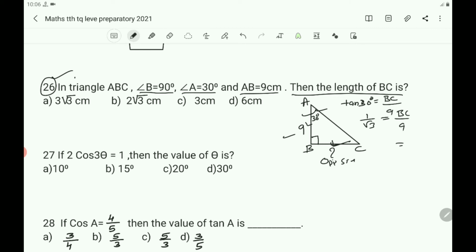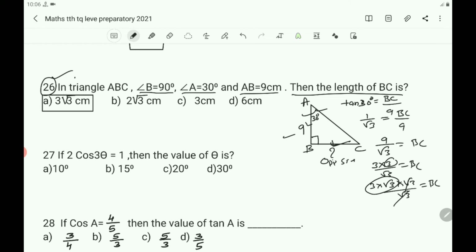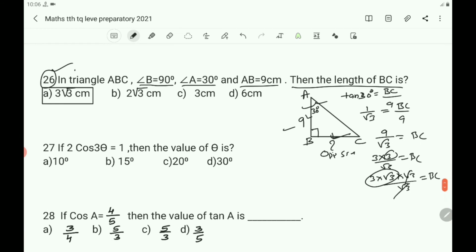Then BC equals, you transfer this 9 here, this becomes 9 by root 3. 9 can be expressed as 3 into 3 by root 3, and again this 3 can be expressed as root 3 into root 3, so BC equals 3 root 3. So what is the answer here? The answer is 3 root 3. Here also you must know the trigonometric ratios.